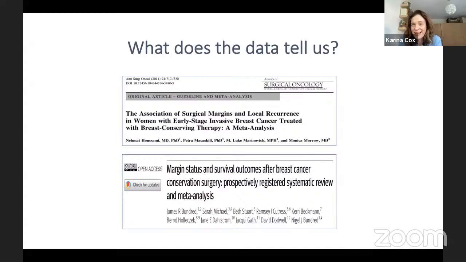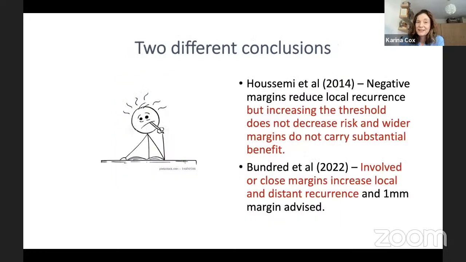Another meta-analysis was published last year by a British group, and they had different conclusions. So we thought in the ABS that we were very close to having our own guidance, issuing some new guidance for margins for the UK. But then this new meta-analysis was published, and it's made us think again, because they have different conclusions.